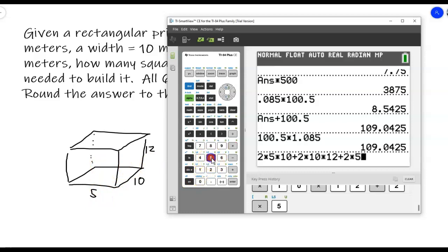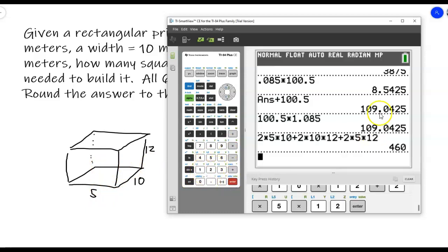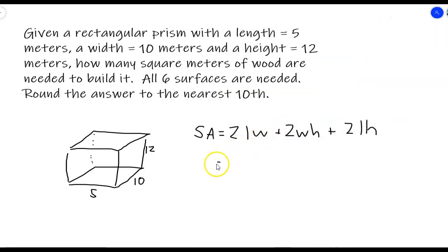So 5 times 12. And we get 460. So that is 460, the number of square meters that we need in order to build this rectangular prism, aka box. All right, let's take a look at the last example here.